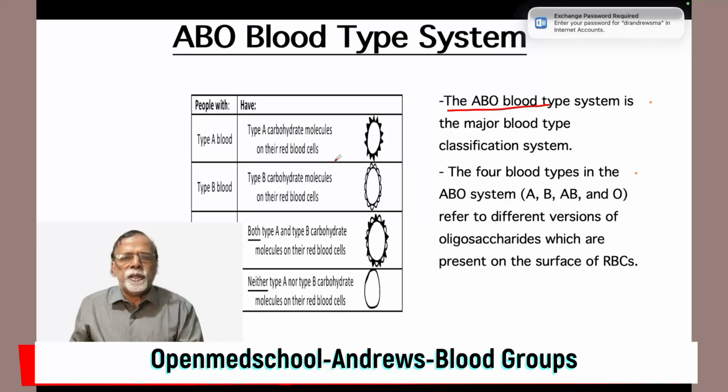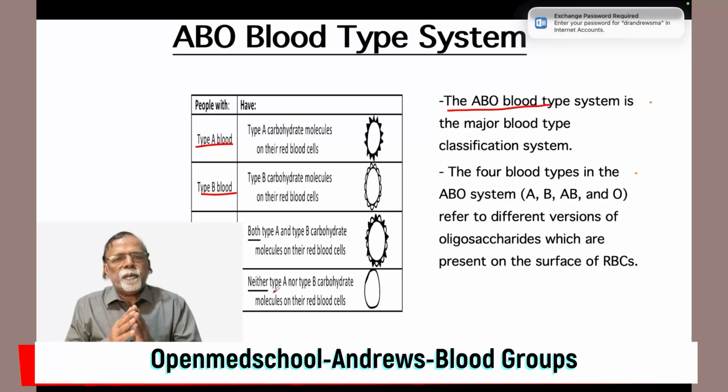It's mainly depending upon these antigens. We divide the cells into four main types. So one is the blood group A blood, B blood, AB blood, and neutral or O blood. Sometimes it is called 0.